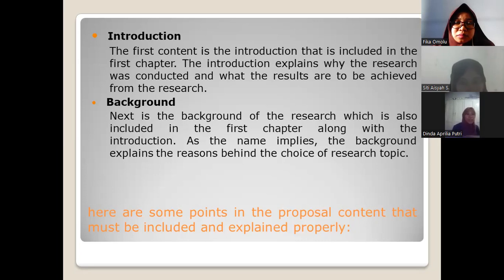However, it is also possible to use personal experience and judgment as a background. For example, here I have an example, like when the lecturer took the topic of the impact of diabetes on the mental health of the family. The background can be from personal experience when one parent has diabetes. So this research was conducted. Next, please.